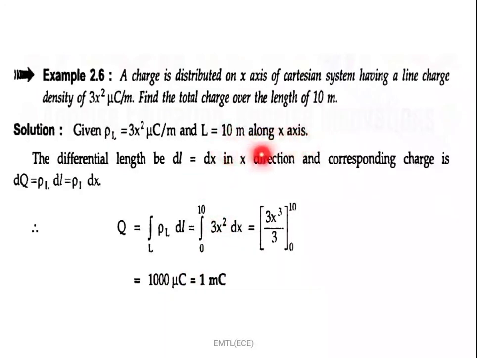Because the length of the x charge is from 0 to 10, and the rho L value is 3x square dx. So 3 is a constant. Now the integral of x square is equal to x cube by 3 and the limits are 0 to 10. Now substituting the limits in this equation, we get 1000 microcoulombs, or it may also be written as 1 millicoulomb.